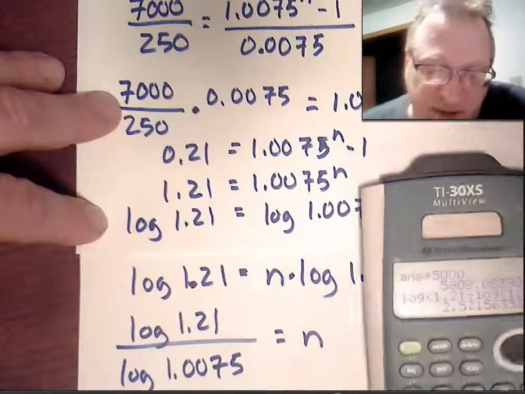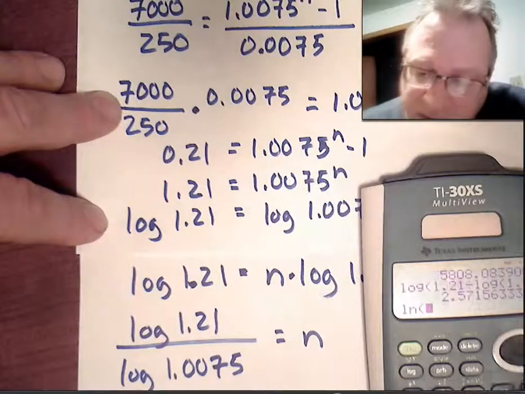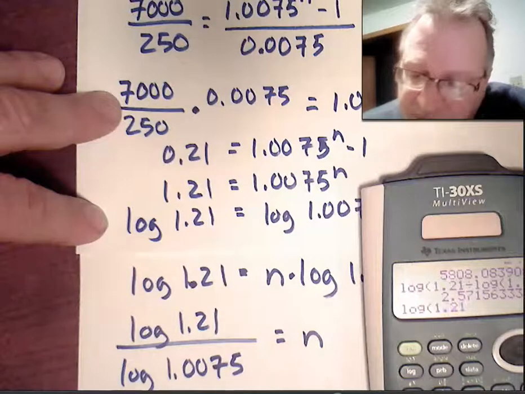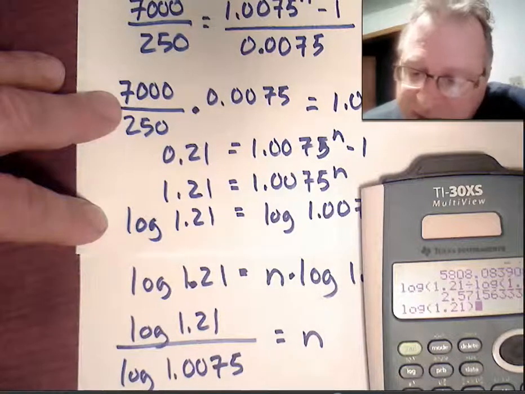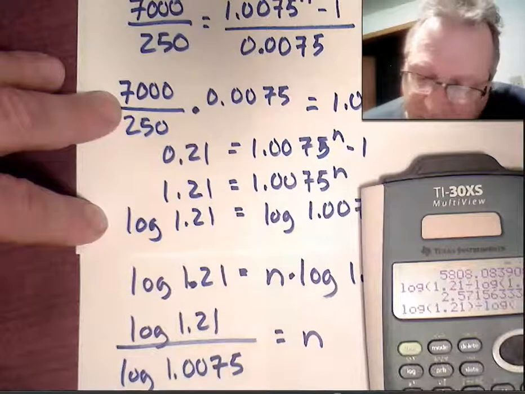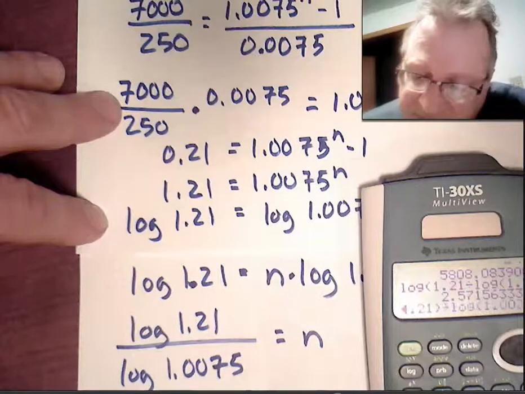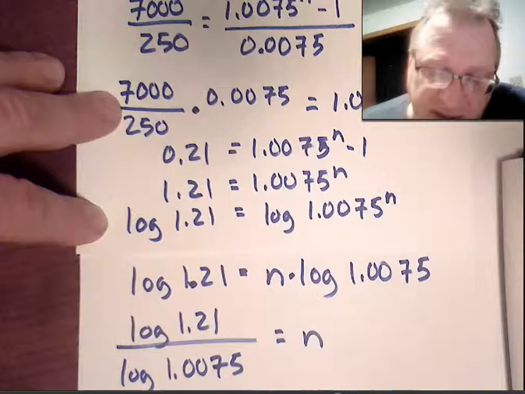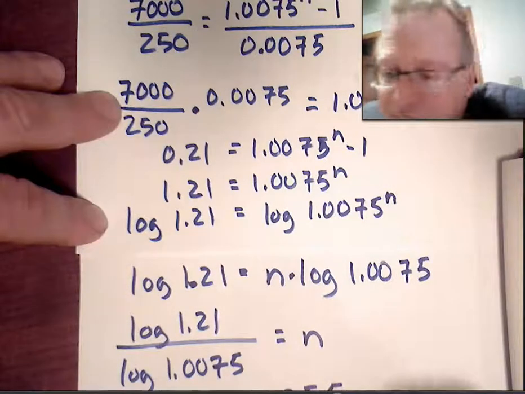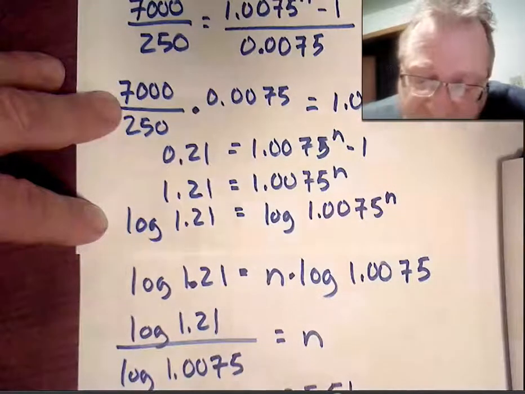Isn't that interesting? Let's try that again. Oopsie. Let's start over. The log of 1.21. Oh, I see what I did. Yeah, I got to put a closing parenthesis, divided by the log of 1.0075 equals, there it is, n is equal to 25.51.